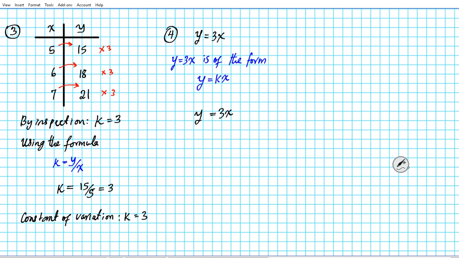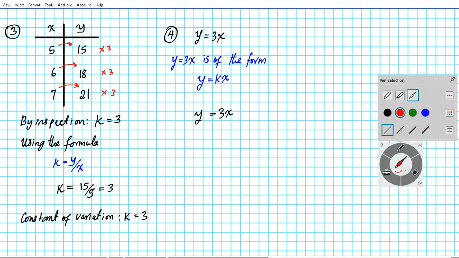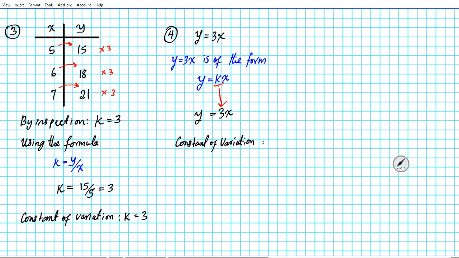The constant of variation is simply the coefficient of x. We can see that k in this example is 3. So the constant of variation, given by the letter k, is 3.